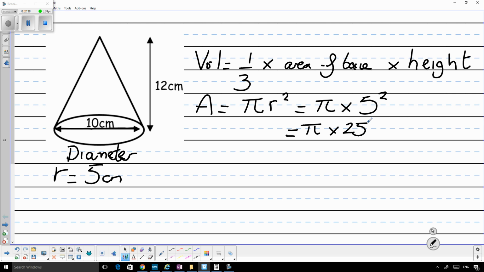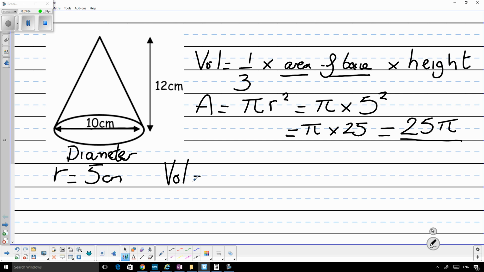Okay, the pi times 25, we'd normally write as 25 pi. So we've got the area of the base. The area of the base is 25 pi. We now drop that into our formula for the volume.